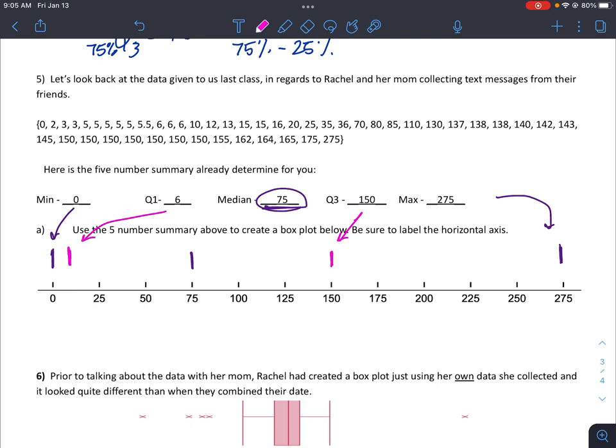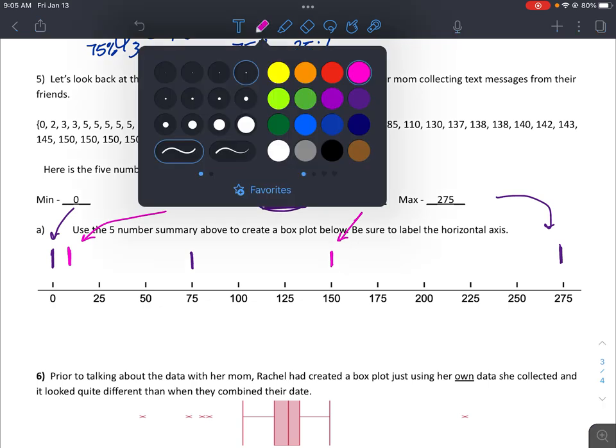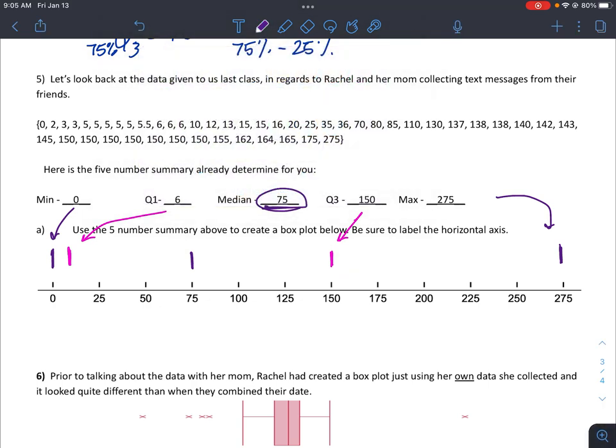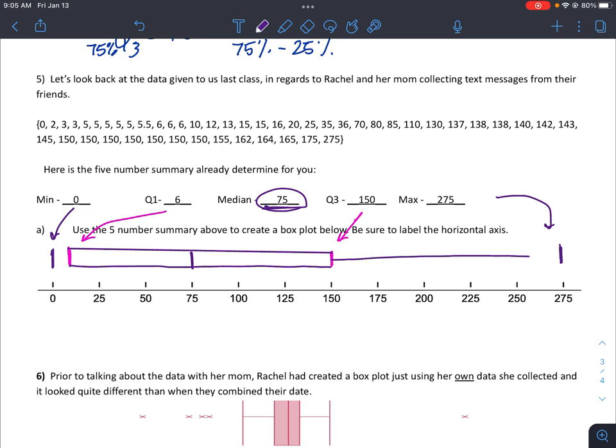All right, so when you have all these, essentially you have 5 sticks up and down here. So what you do is you attach Q1 to Q3, and you make a box. Sometimes the boxes are bigger, sometimes they're smaller. And then from Q3, you extend it sometimes to the max.